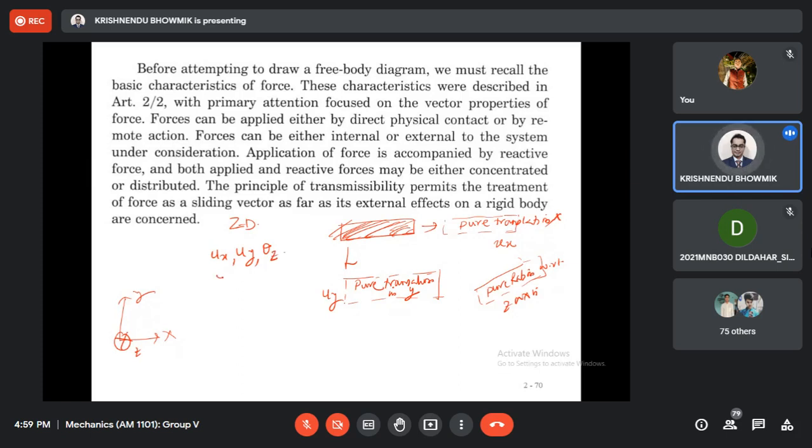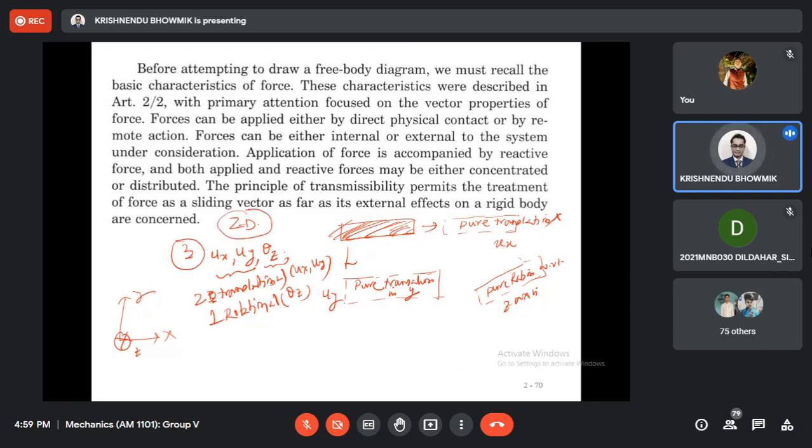So we call two translational degrees and one rotational degree. Two translational, that is ux, uy, and one rotational, theta z. So these are the 3 degrees of freedom present for 2D problems.